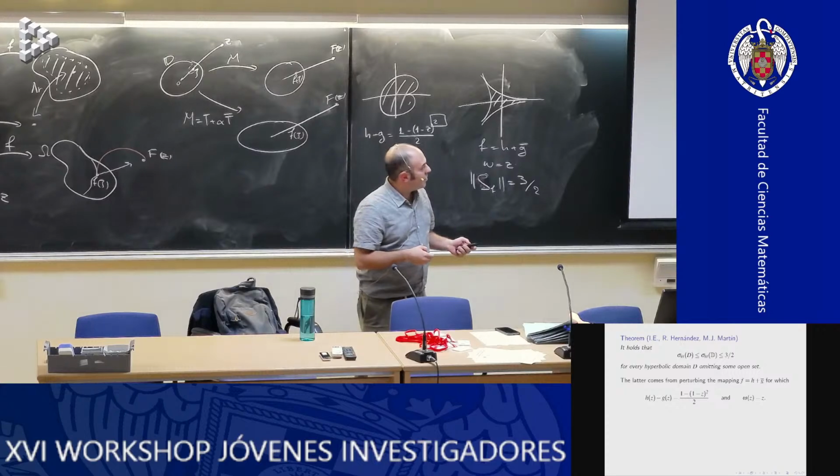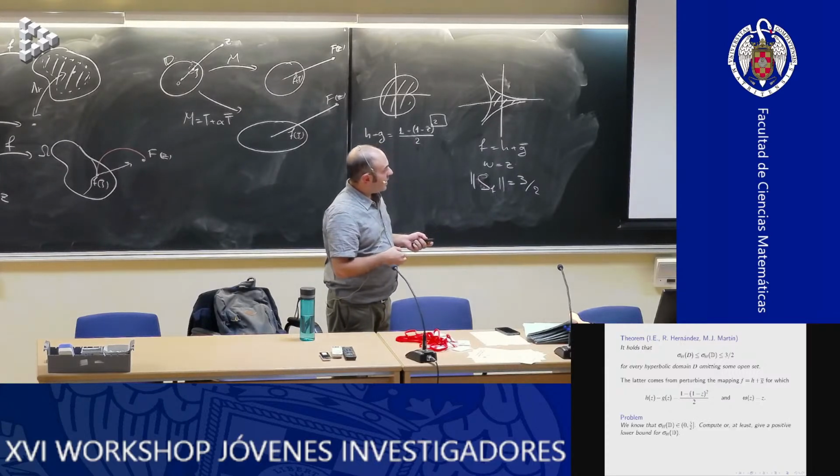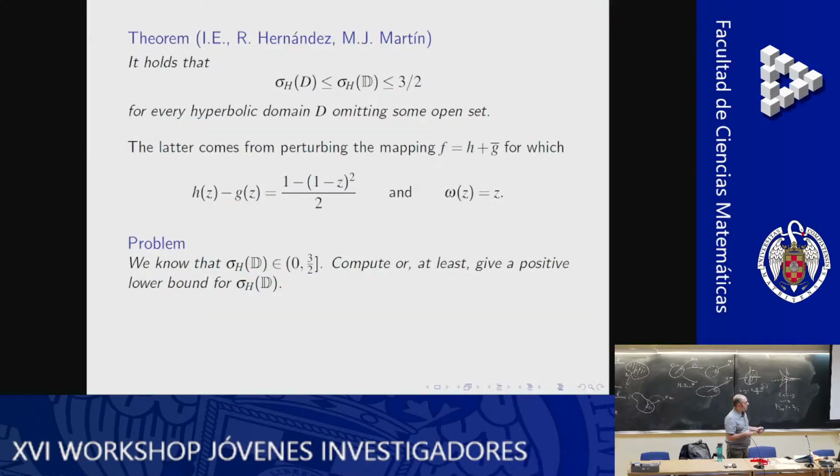So we can show that the harmonic inner radius for the disk cannot be bigger than 3/2 by this example. And even though we would like to show that it's 3/2, any positive lower bound would be very interesting. We are unable to prove any positive lower bound. This is our main problem.